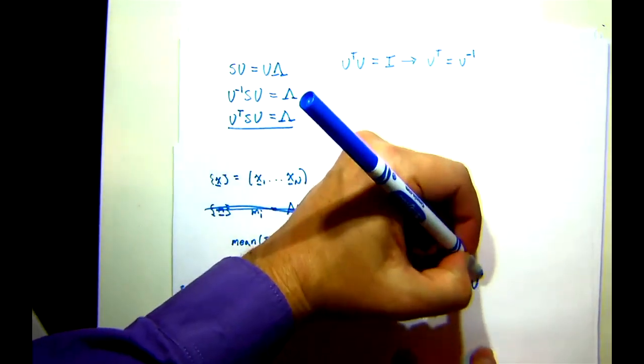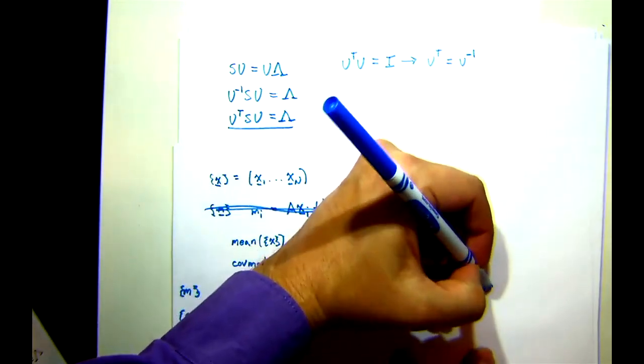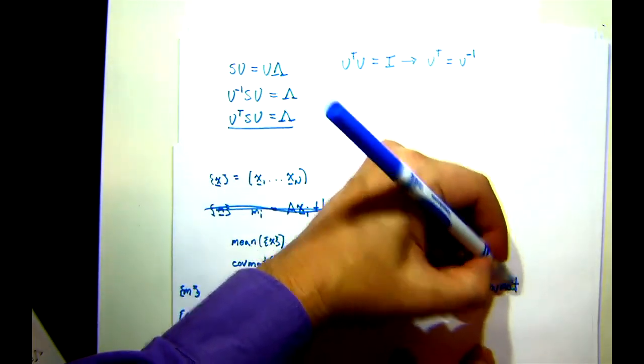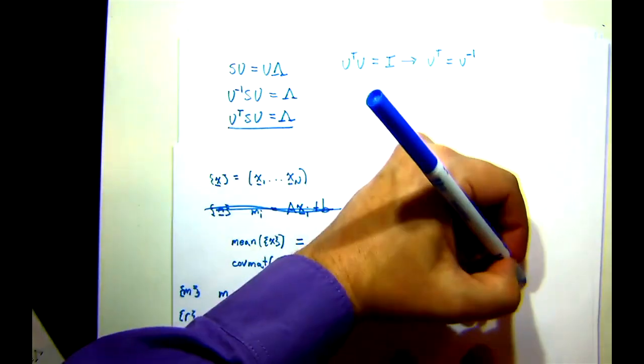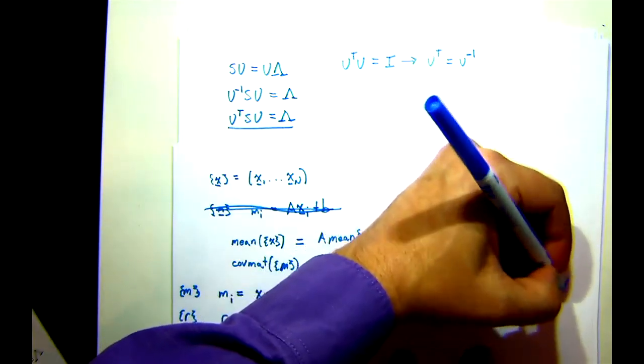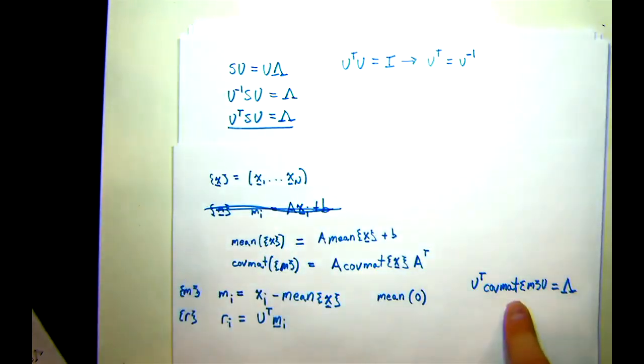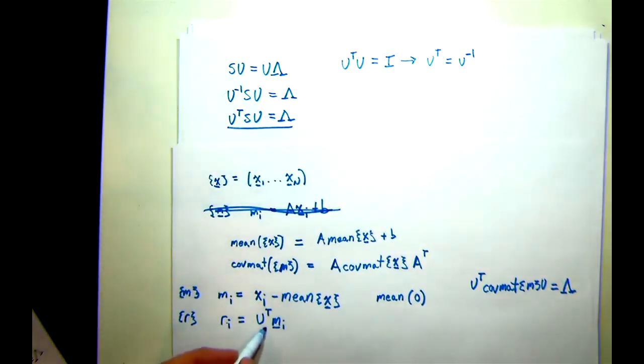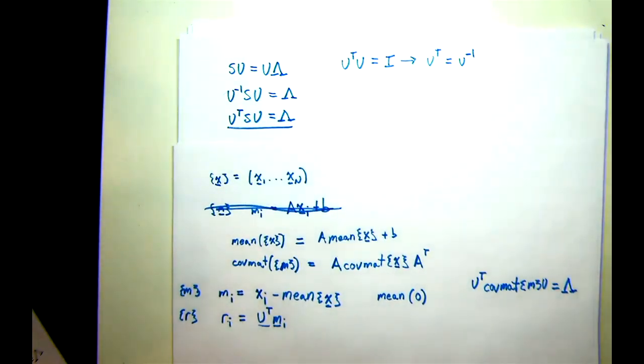We're going to select U such that U^T cov mat of M U equals lambda. And again, the cov mat is symmetrical, so we can do that. We can find this U^T and apply it, and that's going to rotate us into the new space.